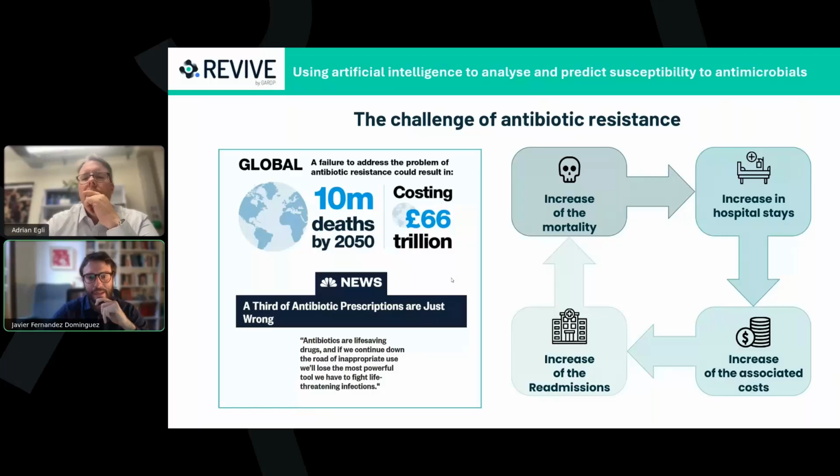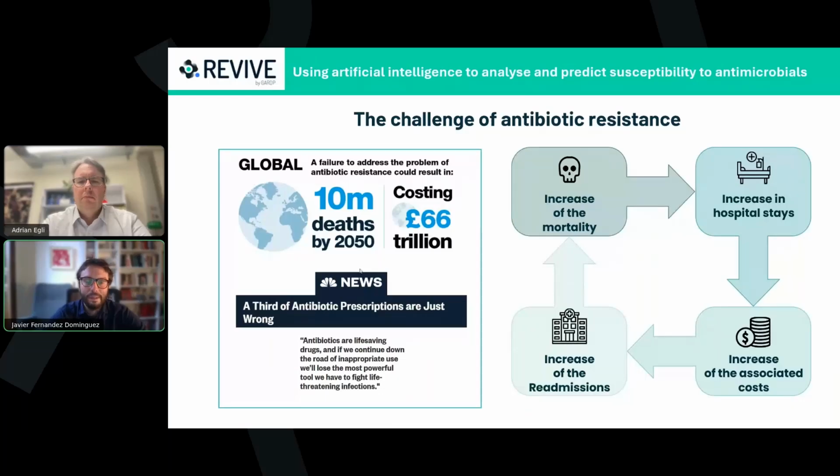According to this work published by the World Health Organization, by the year 2050 there could be more than 10 million deaths in the world attributable to antibiotic resistance, and this is going to cost a lot of money to the healthcare systems in the different countries. In fact, some studies say that it could cost between 2 and 3% of the gross domestic product. This is something that probably all of the people here know well, no?